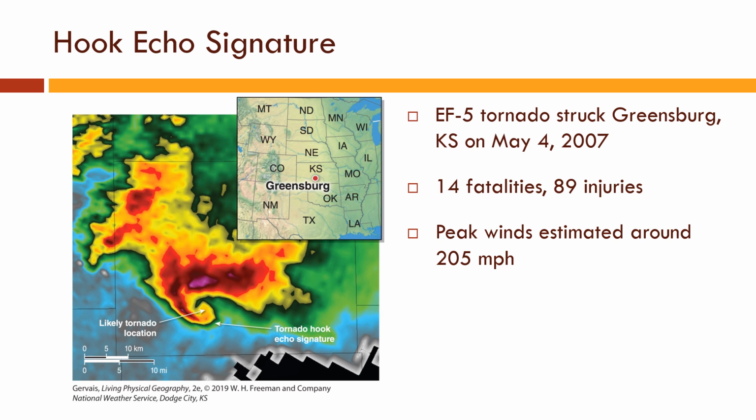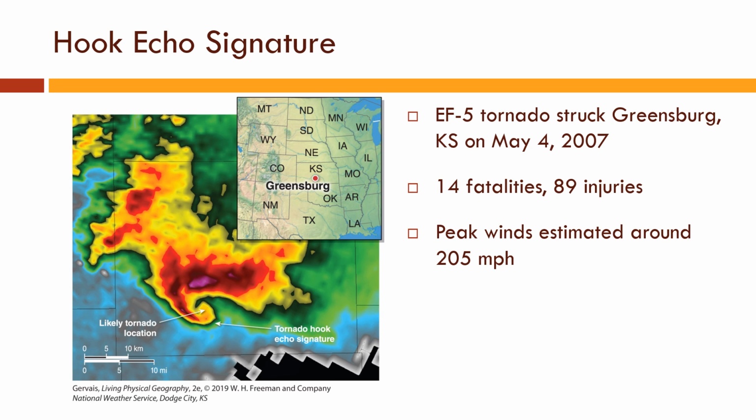What you're looking at here is called a hook echo signature. If you look down in your lower left-hand corner, you see that little thing that looks like a J or maybe a seahorse tail curling out of that radar image there. What you're looking at is a Doppler radar reflectivity image.